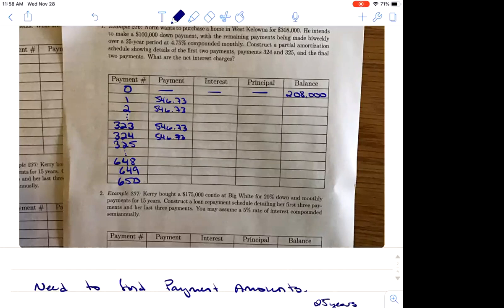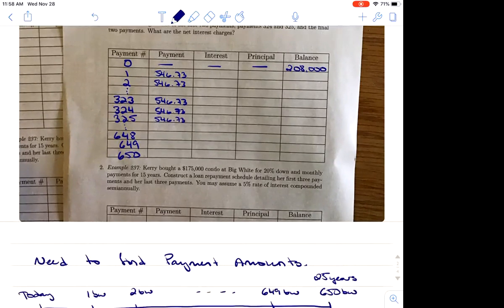We don't know the last payment amount. However you want to show it, if you just do 546.73 once and draw some sort of line or ditto marks or whatever you want to do, works for me.